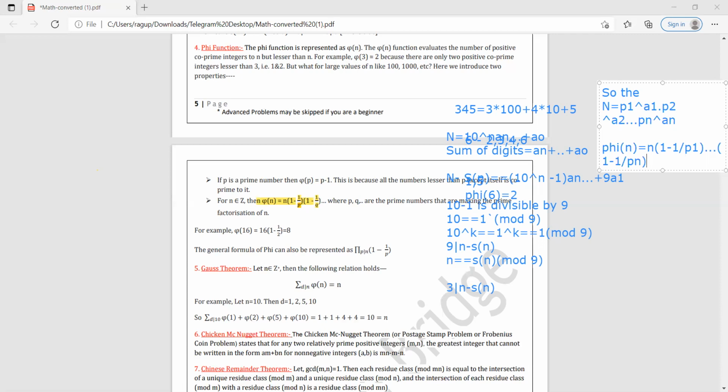This is what you have to prove, and the hint is, comment down your proof. The hint is the inclusion and exclusion principle. So use some combinatorics and you'll get your answer.